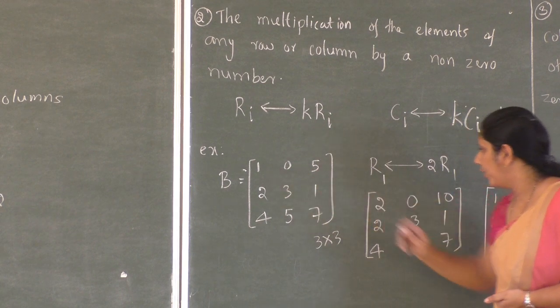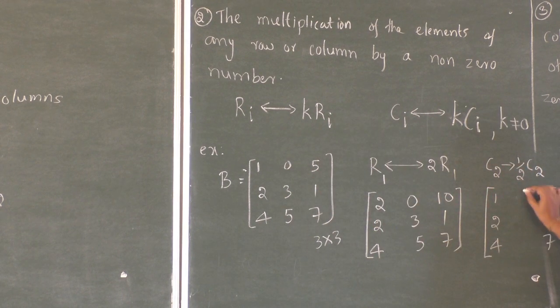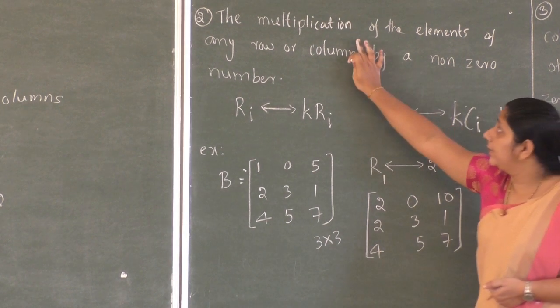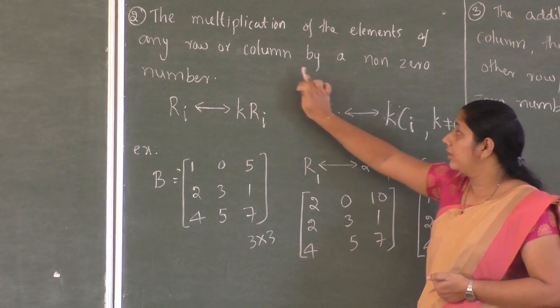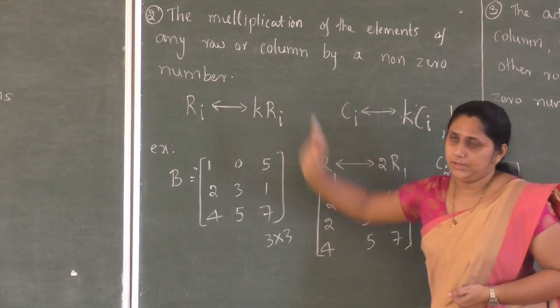That is 0 into half, 0, 3 into half, 3 by 2, and 5 into half, 5 by 2. So this is regarding the second elementary operation, that is the multiplication of the elements of any row or column by a non-zero number.